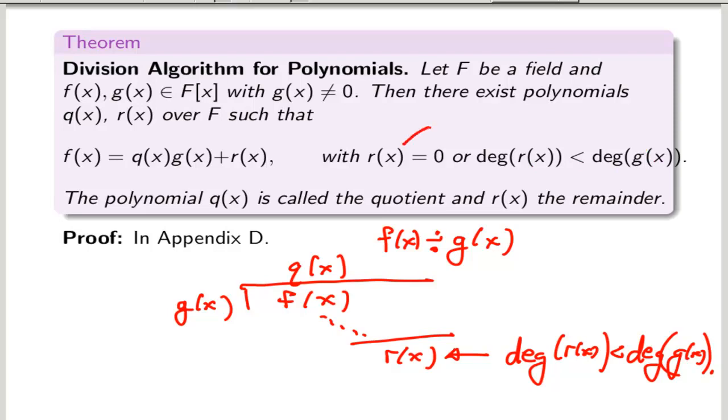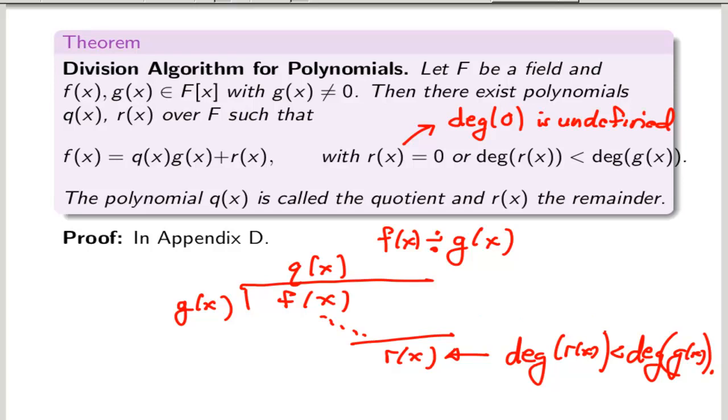Now I need to put this stipulation here because the degree of 0 is undefined. If you have a non-zero constant, we say the degree is 0. But for the 0 polynomial, we'll say the degree is undefined. Otherwise, we would violate the rule that says the degree of the product is the sum of the degrees. So again, q is called the quotient, and r is called the remainder.